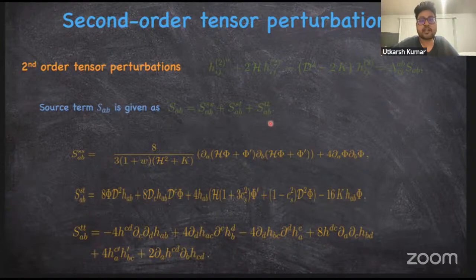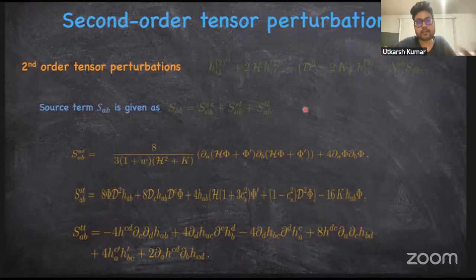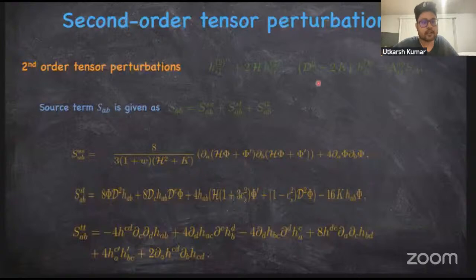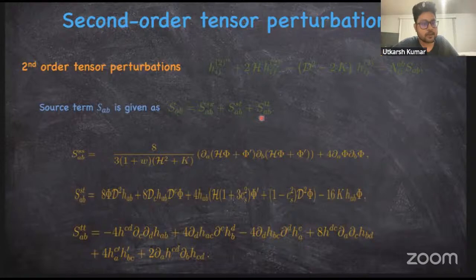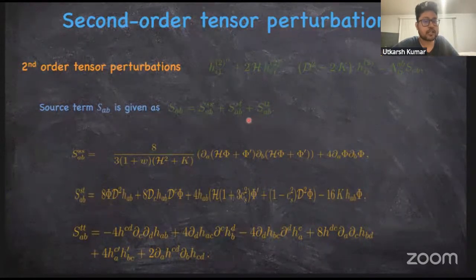We notice that there is no vector form, because vector perturbations are known to decay, and that's why they are always subdominant and we don't see any effect here. Also, as I mentioned earlier, tensor perturbations are weaker than the scalar perturbations, so the scalar-tensor and tensor terms will also always be subdominant compared to the scalar ones.